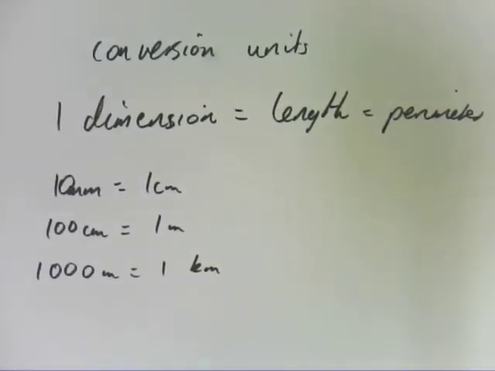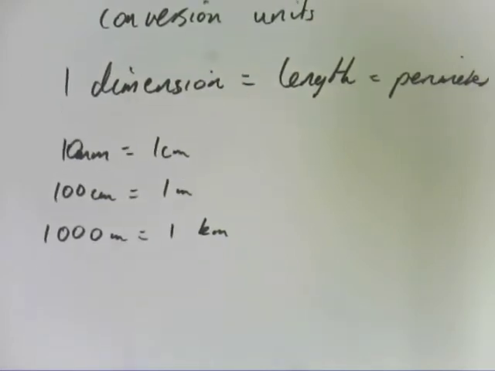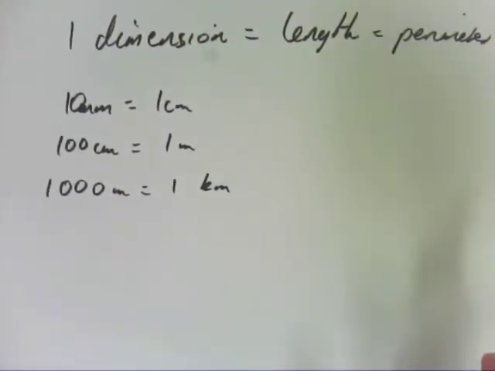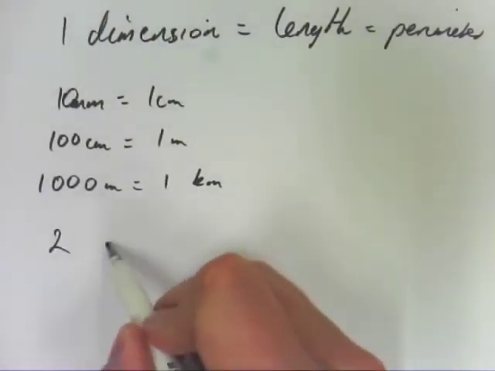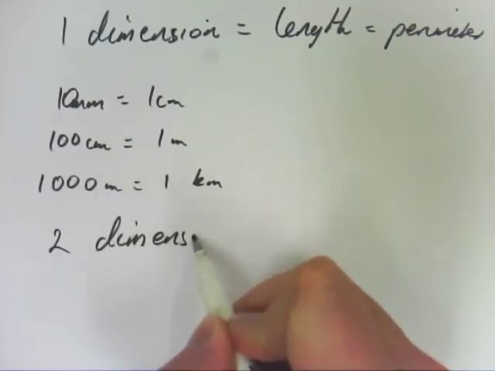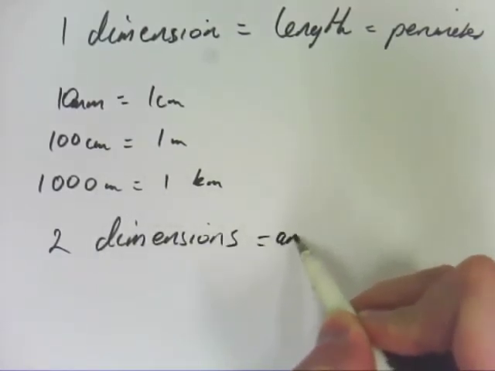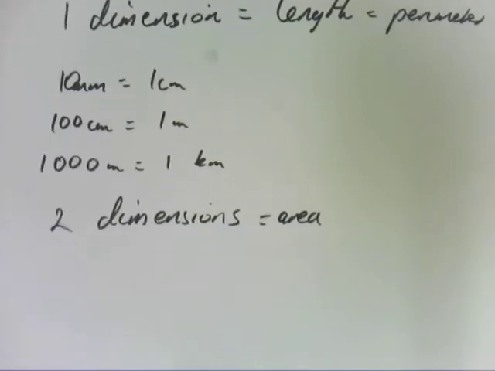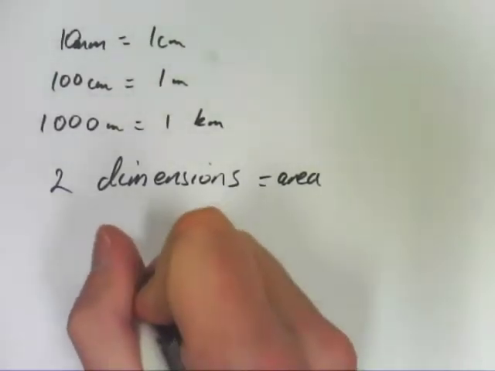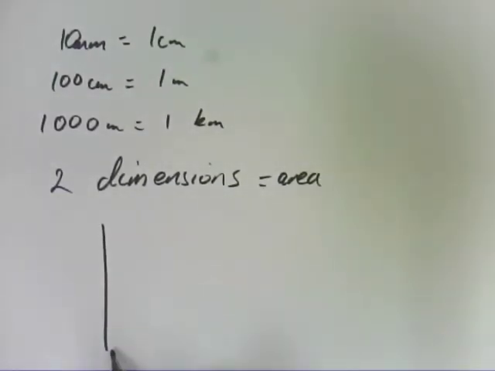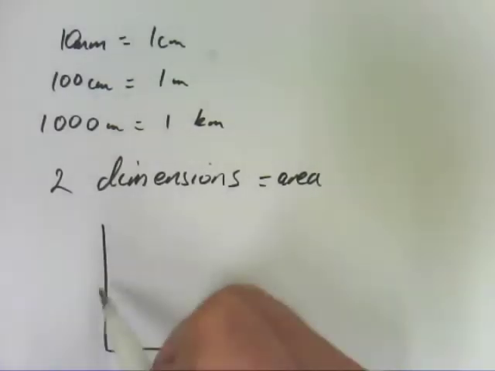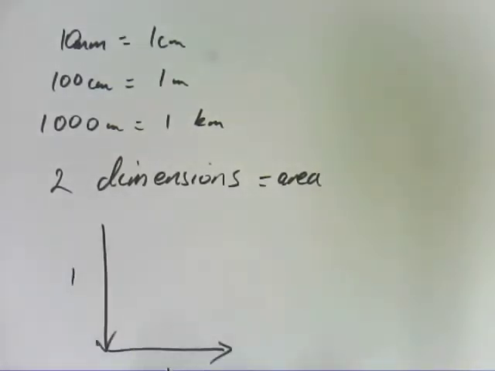It is trickier when you get into 2 dimensions, which is where a lot of people get stuck. In 2 dimensions we're talking about area, and you're not just converting one, you're actually converting in 2 dimensions. So you convert once and then you convert again.